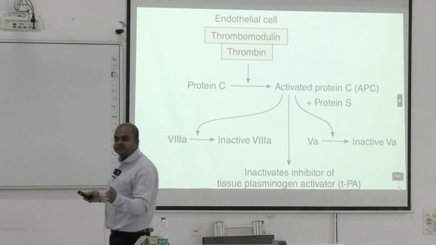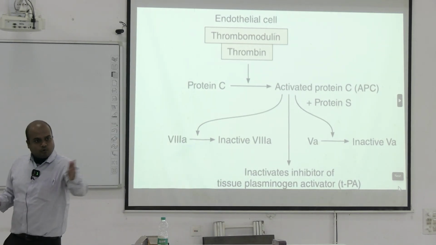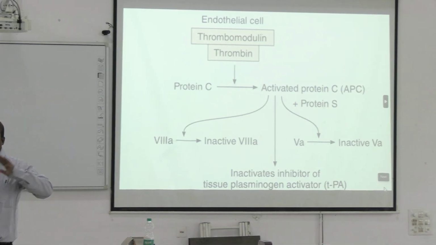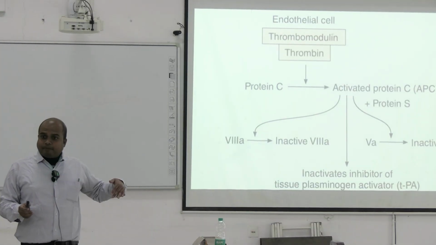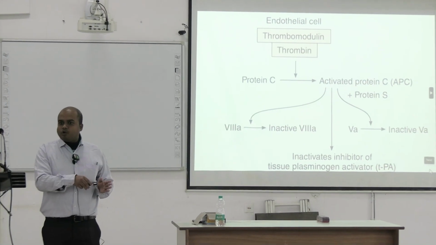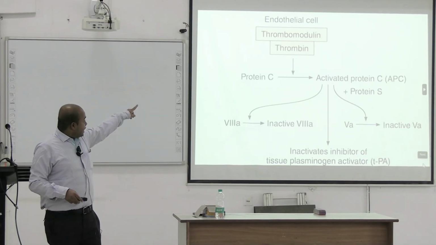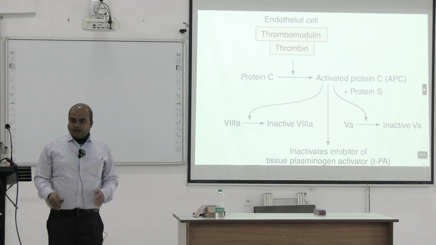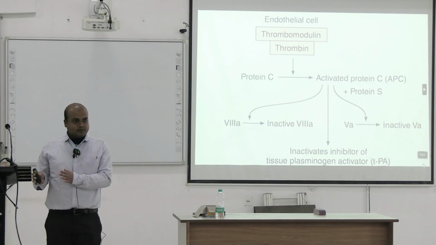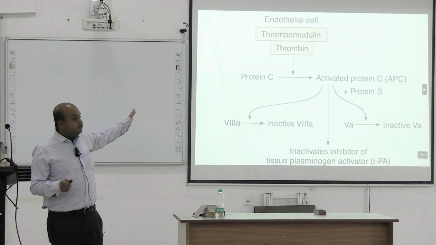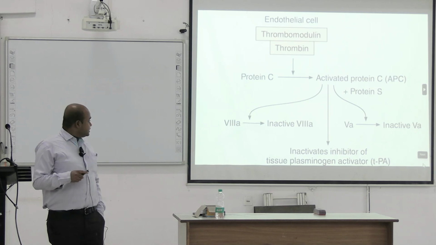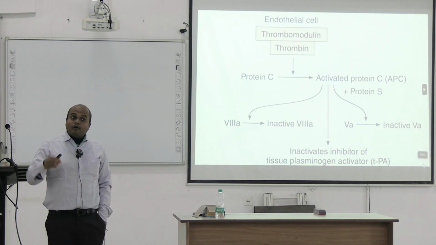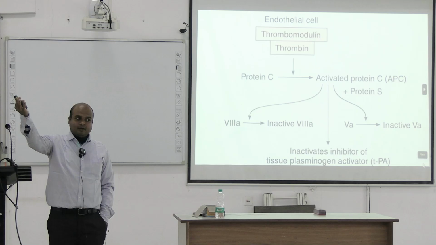Plasminogen and plasmin do fibrinolysis, going towards anticoagulation, and the inhibitor of that plasminogen activator goes towards procoagulation. Activated protein C inactivates that inhibitor, so it again goes towards anticoagulation. Activated protein C not only inhibits the formation of activated 5 and activated 8, but also inactivates the inhibitor of plasminogen activator.